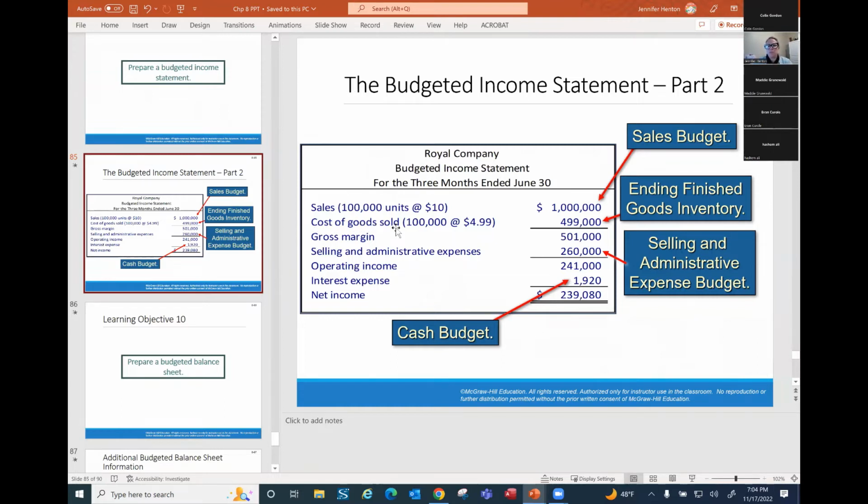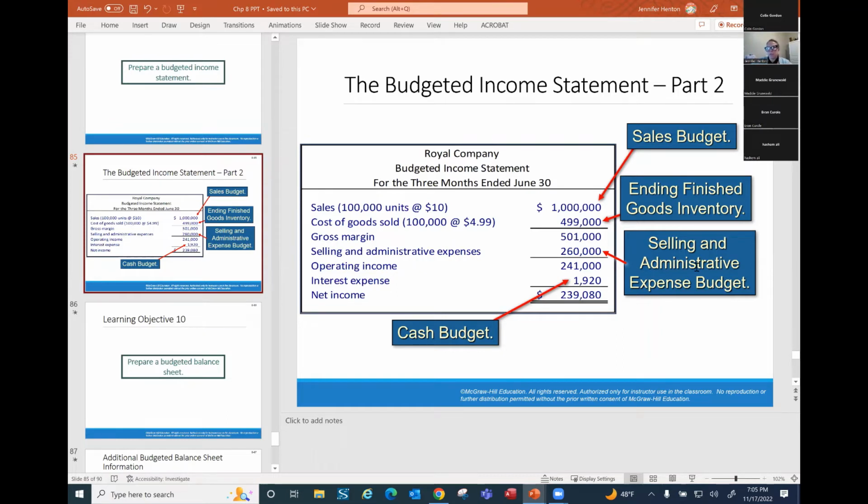Then we have a cost of goods sold. So it was 100,000 at $4.99. We calculated out that per unit. So it's 499,000. Then we have gross margin of 501,000. So remember, we take the sales minus the cost of goods sold to get our gross margin. And then we need to deduct our selling and administrative expenses.